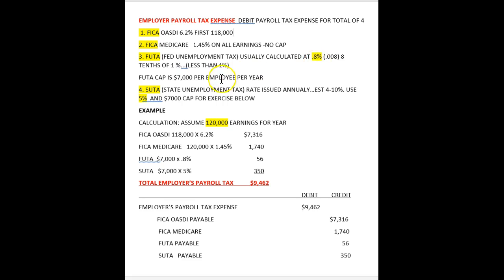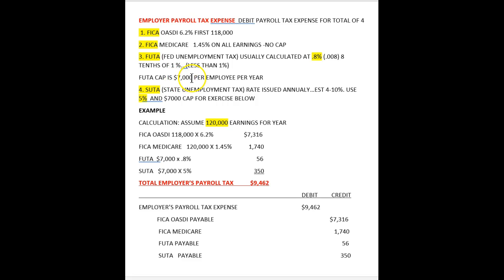That's capped as well. The FUTA cap, the federal unemployment tax cap, is 7,000. We're going to use the same 7,000 for the state unemployment cap, even though the states vary in how much of the employee's income subjects the employer to the tax.